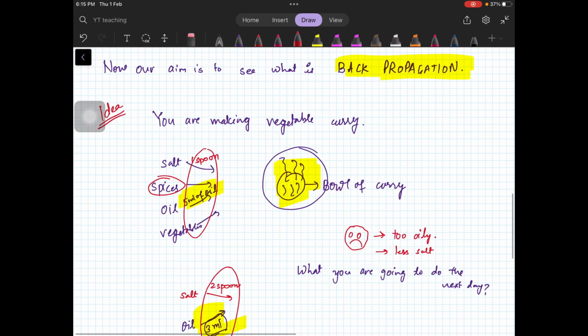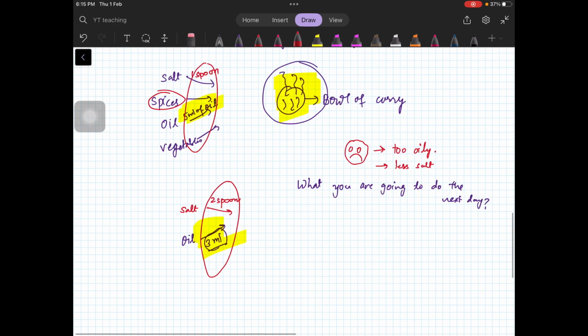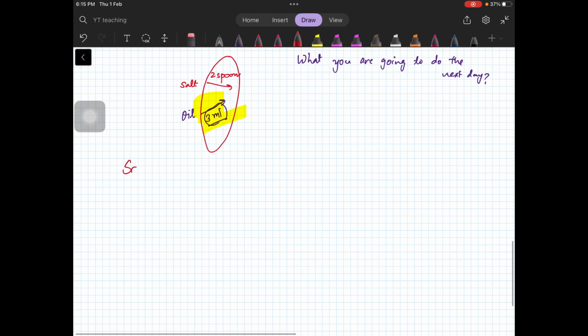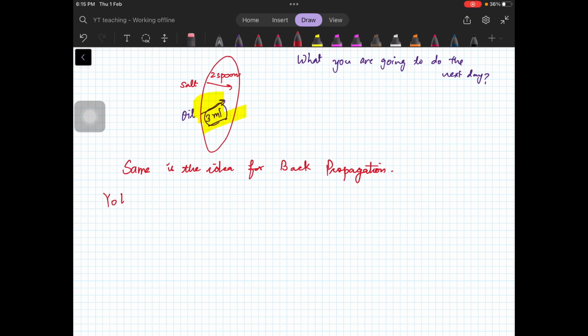The same is the concept for back propagation. So what is the idea? You see what information you have. You have your data, right?